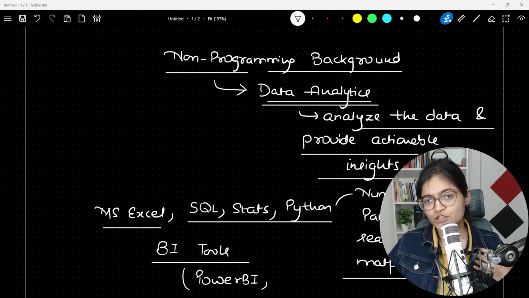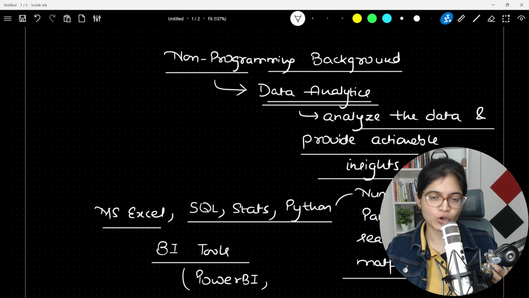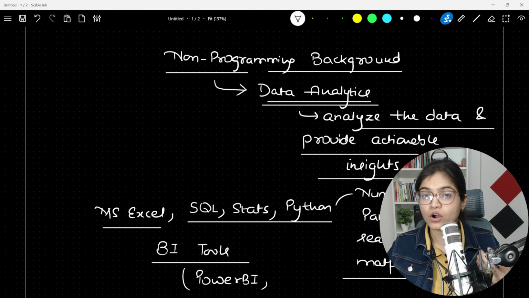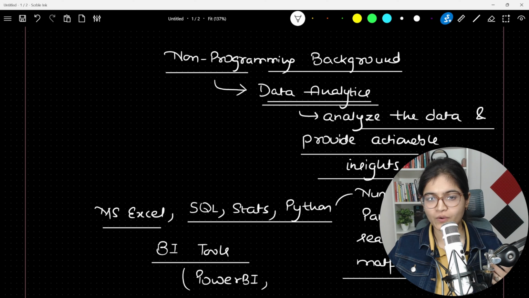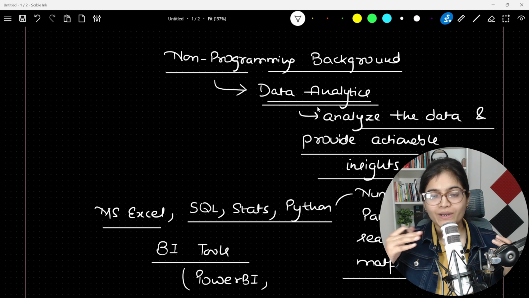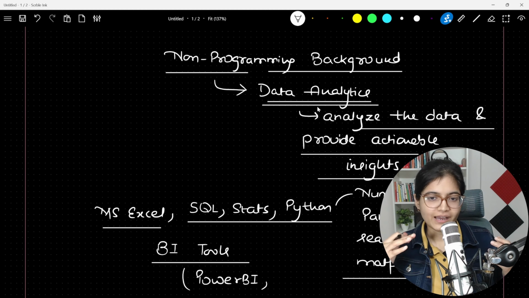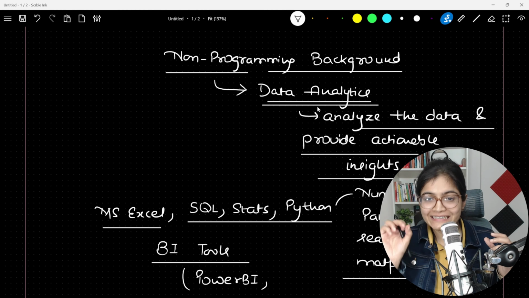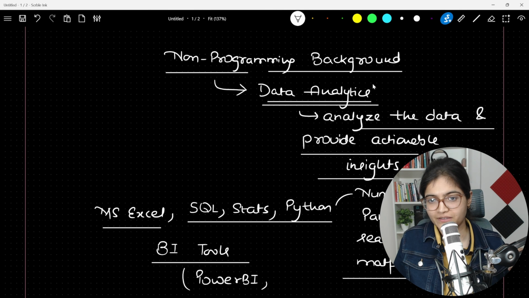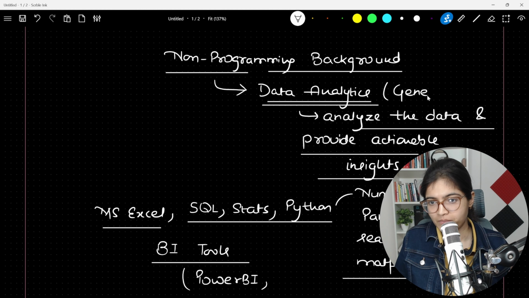Whenever you search for data analytics job roles via LinkedIn or Naukri or any other platform, always remember this specific position of data analytics will change as and when you change the domain. Data analytics is a generic term, but many people don't know this.